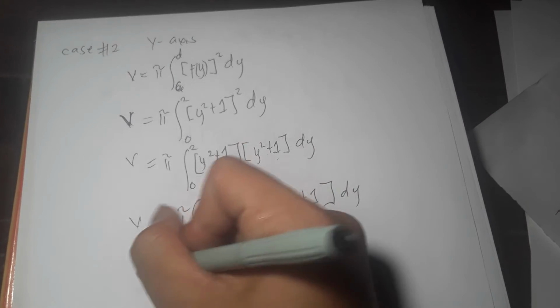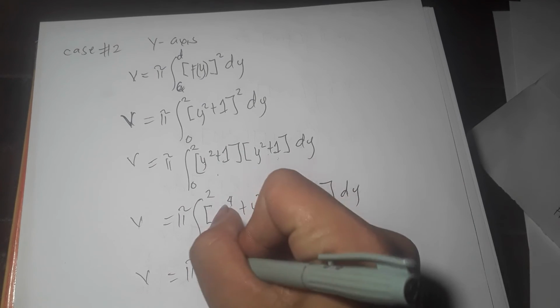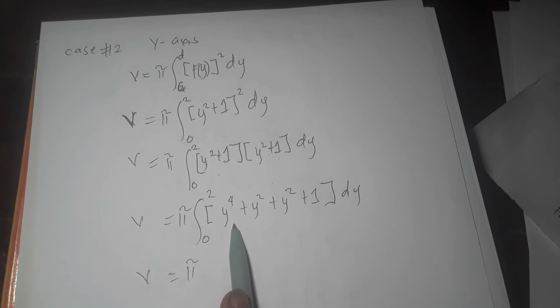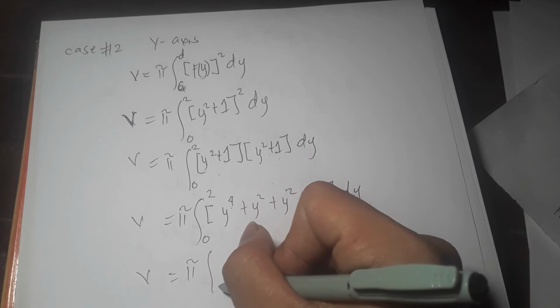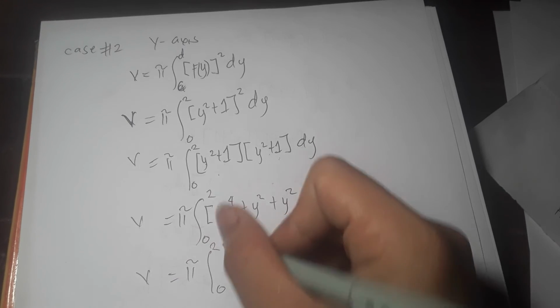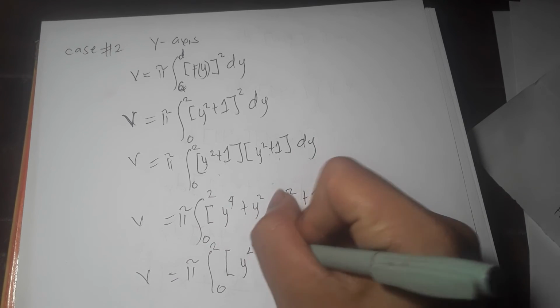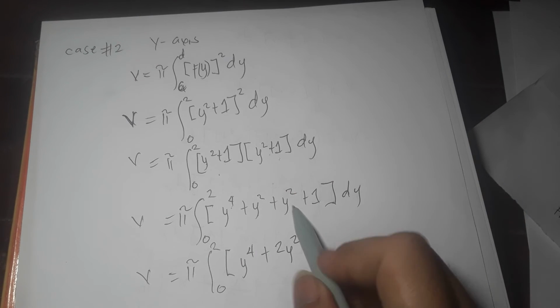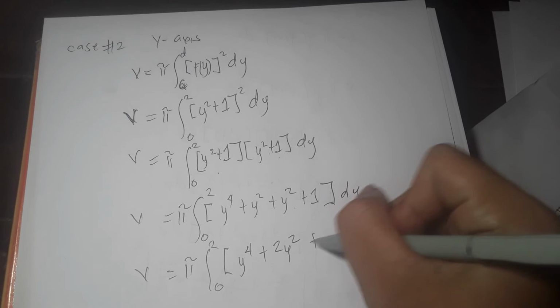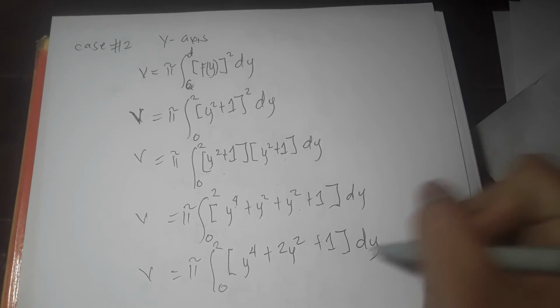For now, V is equal to pi, and let's simplify the integrand by combining the like terms. So we have the y squared and y squared. So this would be the result of the integral from 0 to 2, and then we have y to the fourth plus 2y squared, because y squared plus y squared is 2y squared, and then plus 1 with dy.